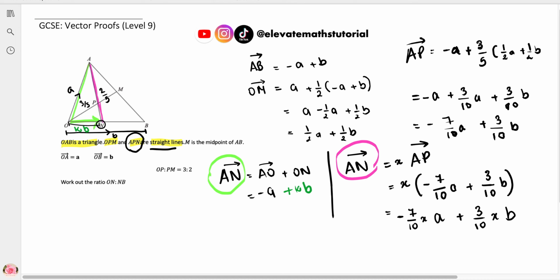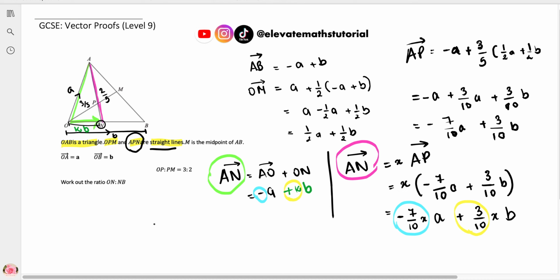They are the same vector, which means the number in front of a must be the same as the number in front of a here, and the number in front of the b must be the same as the number in front of the b here. So all you are then going to do is equate the coefficients of a and b.